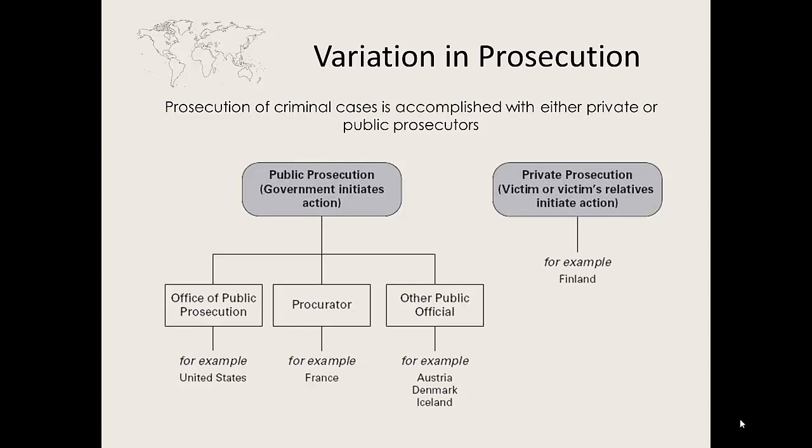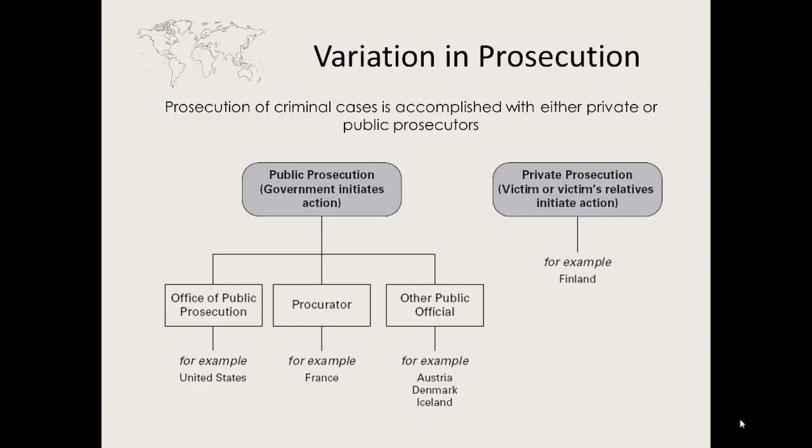The victim then is entitled to bring charges and to have those charges considered by a court. Even though that is possible, it doesn't happen very often in Finland, but it is interesting to note that Finnish law still does provide for the victim or victim's family to take action when the prosecutor has chosen not to.